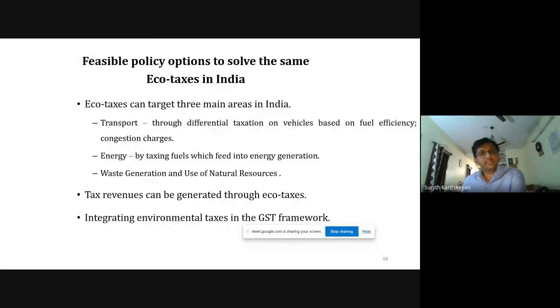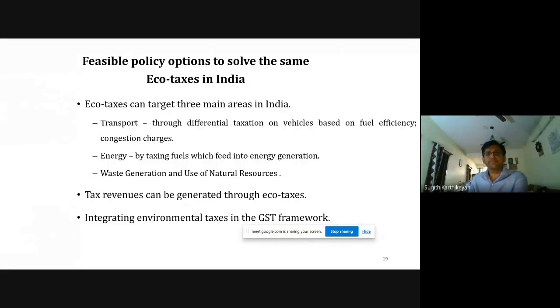And eco tax could be targeted in three main areas in India. One is transport, through differential taxes on vehicles based on fuel efficiency and congestion charges. Energy, by taxing fuels which feed into energy generation, then waste generation, and use of natural resources. In transport, we already have Bharat Stage 3, 4 standards.